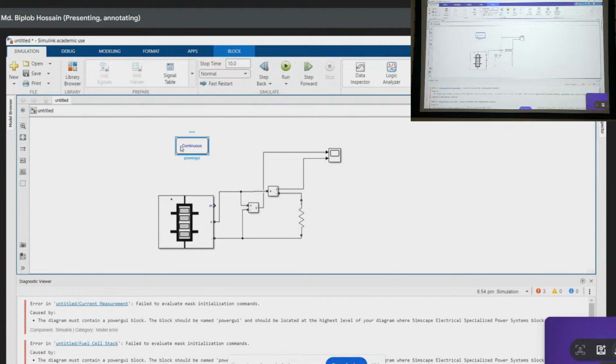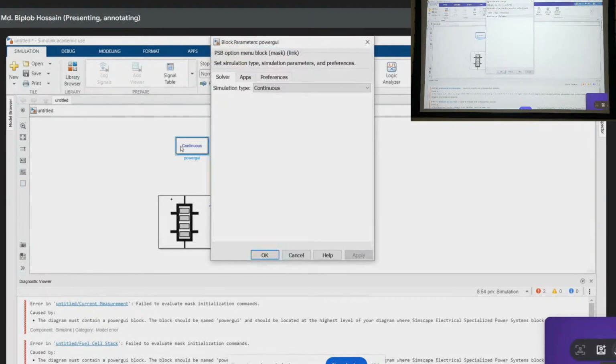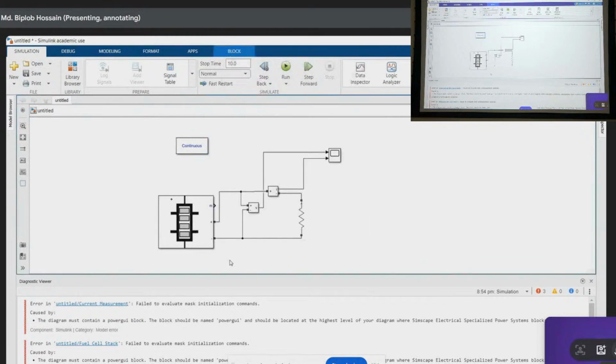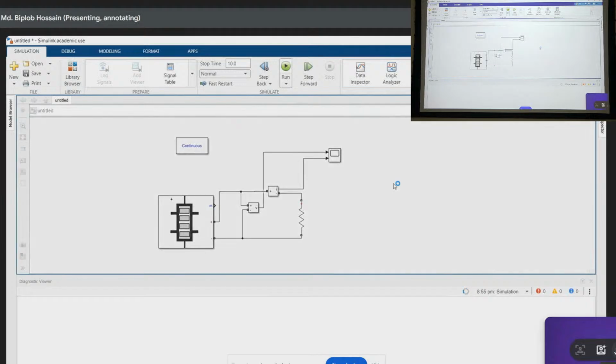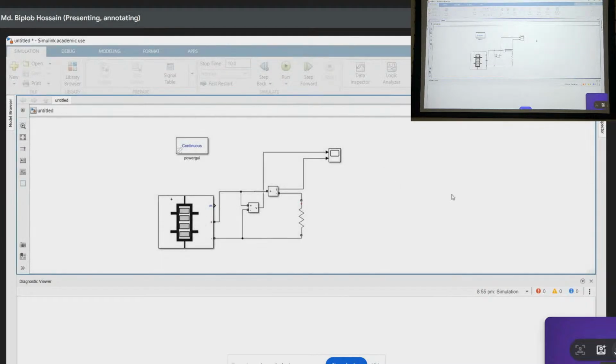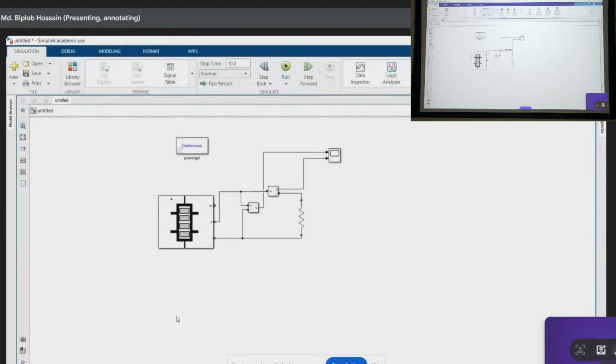It has modes of operation. Here we can see four modes of operation: continuous, discrete, phasor and discrete phasor. So we keep this one continuous. Now if we build this model, there is no error.